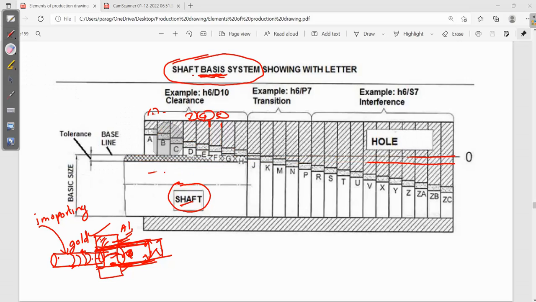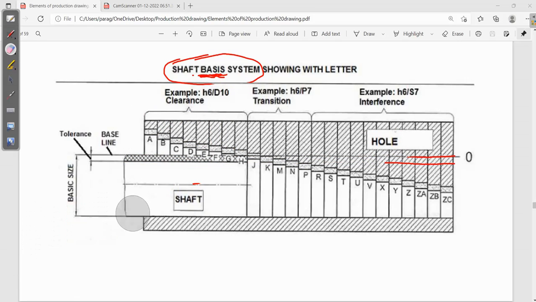Now in this case, if we see this particular lowest diameter of the hole, suppose I consider hole number 1, the lowest diameter of this particular hole, that is your lower limit, and this is the upper limit, that is always greater than the highest diameter of your shaft.